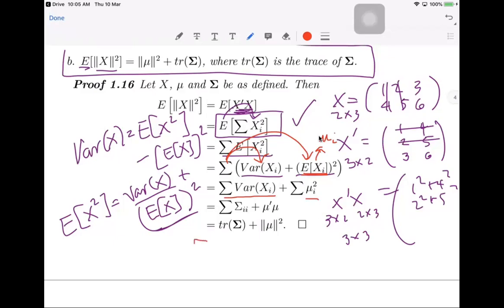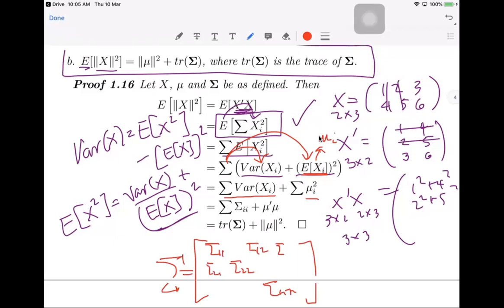If you look at your covariance matrix here, what is inside it? Sigma 1 1, 2 2, up to n n, and then the combinations, sigma 1 2 and so on and so forth, sigma 2 1.